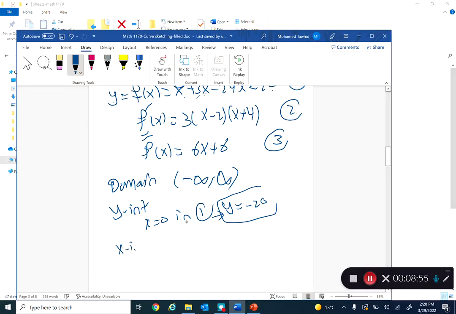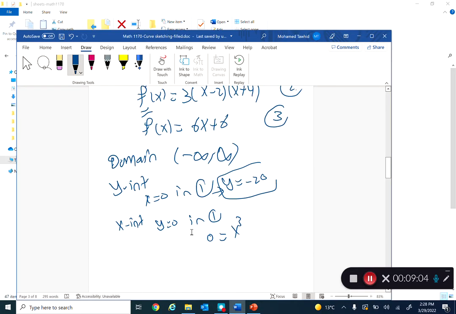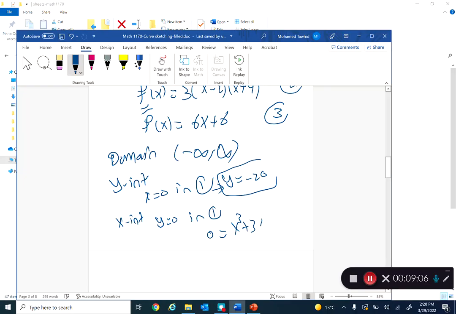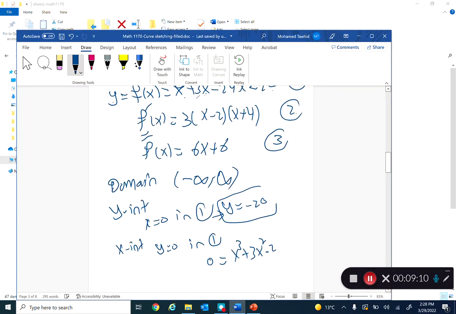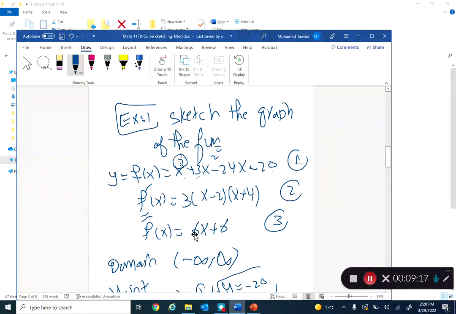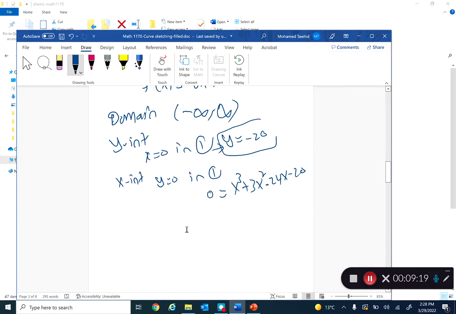Usually you put y equals 0 in equation 1. You get x cubed plus 3x squared minus 24x minus 20 equals 0.